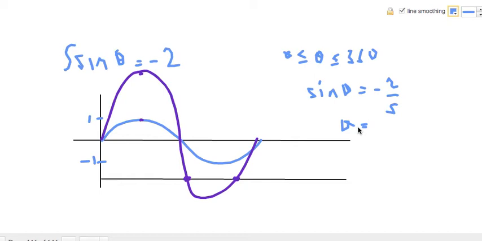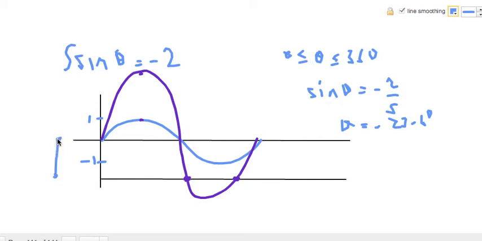Oops, that should be minus 2/5, shouldn't it? Not with it today. Minus 2/5. There we go. So minus 2/5 would be minus 23.6 degrees. Now, you might think, well, minus 23 degrees, where's that? Well, it's over here somewhere.